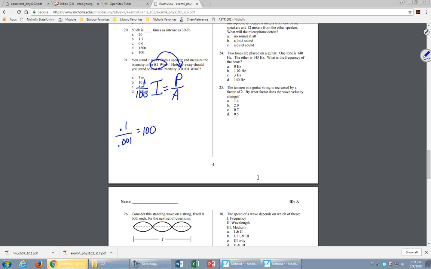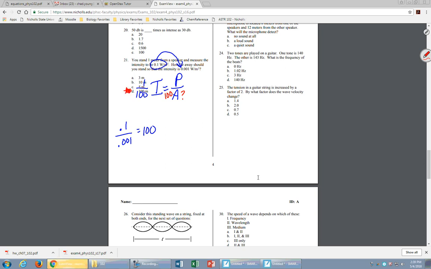I want my intensity to drop by a factor of 100. And so in order to do that, what do I do to my area? Well, I want my area to also increase by a factor of 100. And so you might think D is the right answer, right?